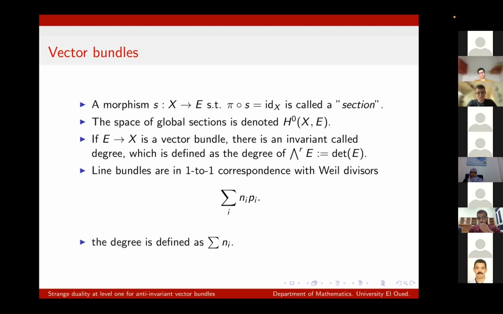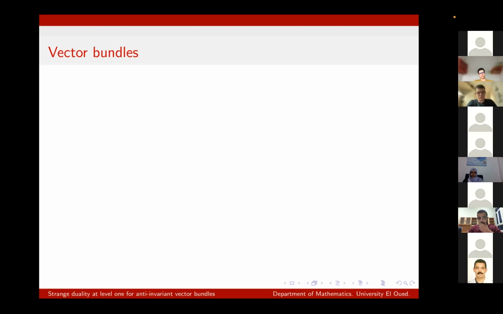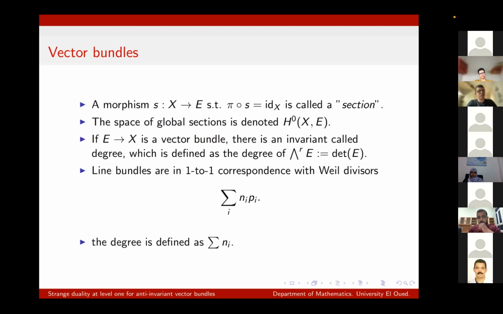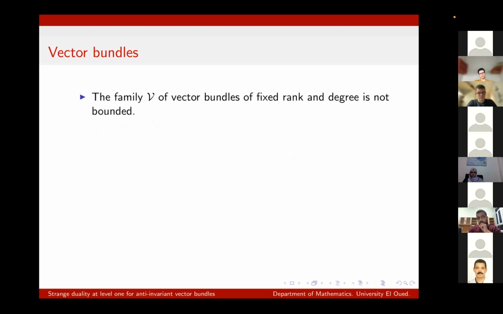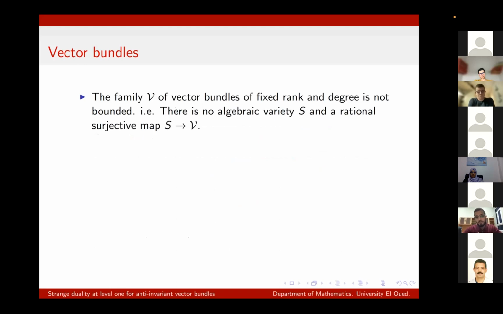So this is not bounded because this H^0 we can make arbitrarily large as we wish, and this comes from the fact that in a vector bundle you can have a sub-bundle of arbitrarily large degree, and somehow the degree tells you how many sections there are. I mean, informally. So this is the problem we should solve.